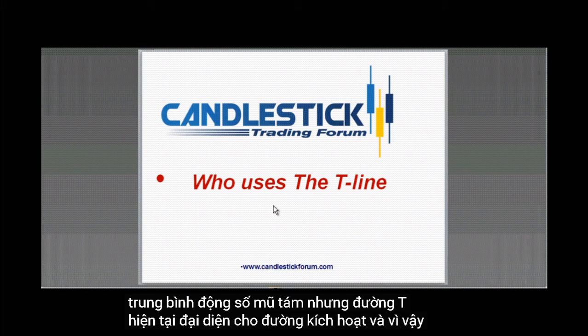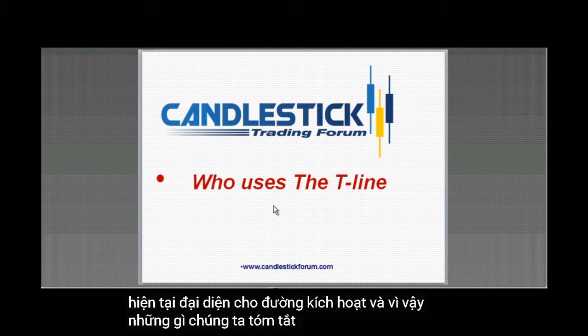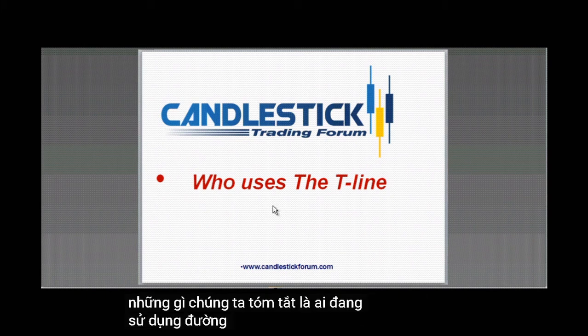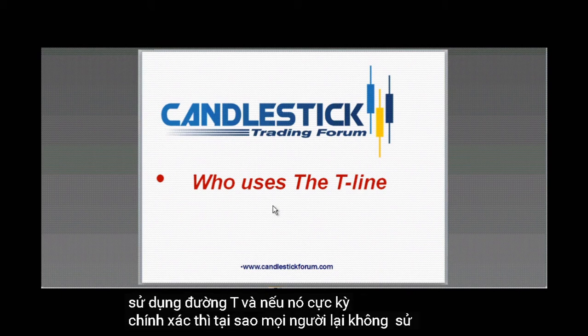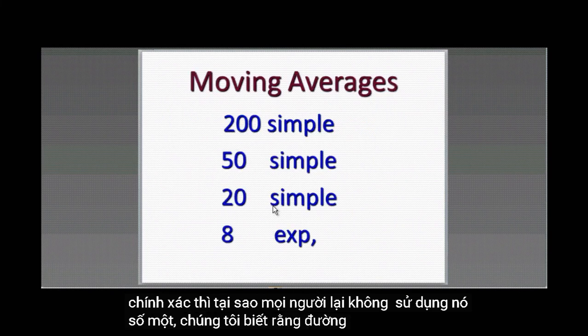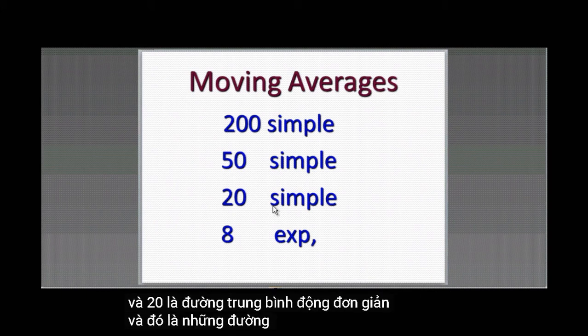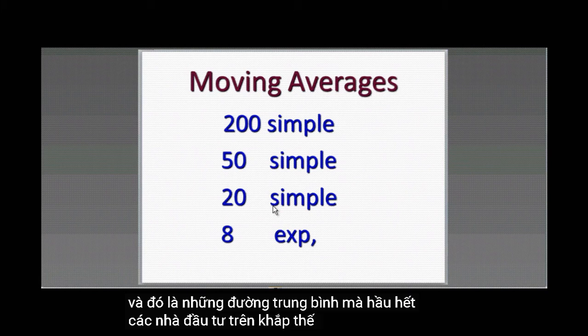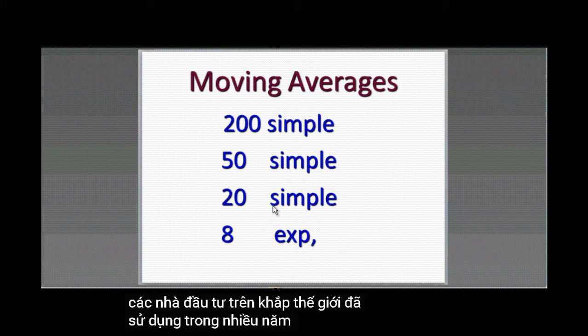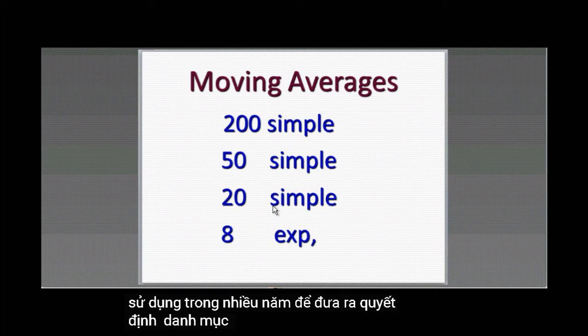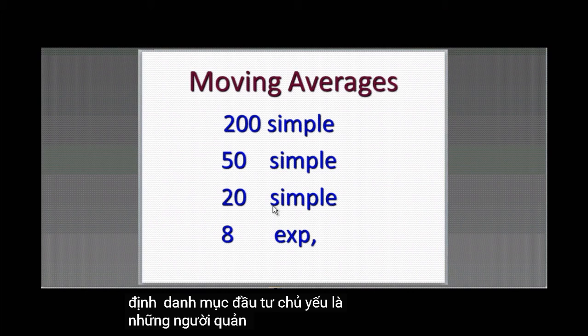And so what it boils down to is who is using the T-line. And if it's extremely accurate, why isn't everybody using it? Number one, we know that the simple moving averages, like the 200, the 50, and the 20, are the ones that most of the investors around the world have been using for years to make their decisions for putting on their portfolios, mostly big money management people.